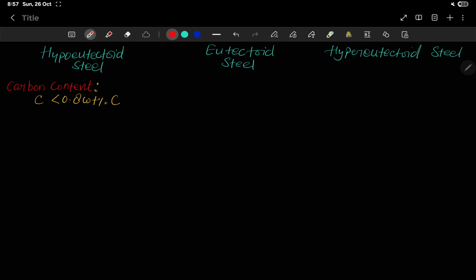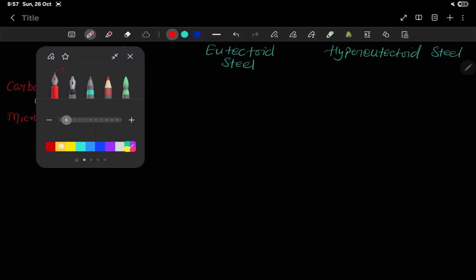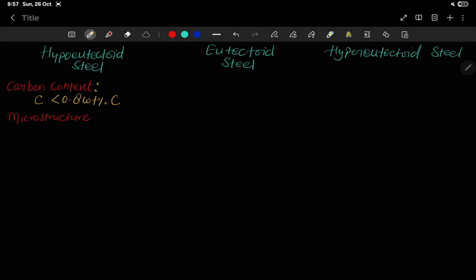Now let's see what the microstructure is.